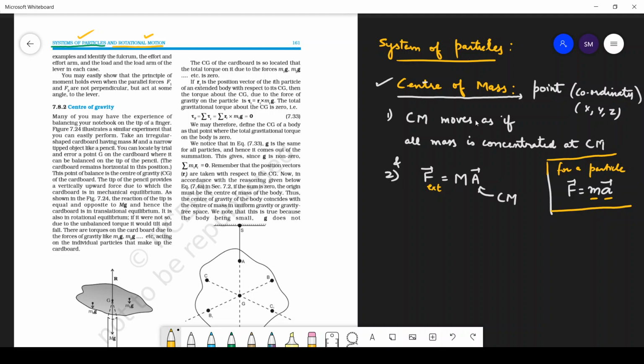That if we are applying a force on the system of particles, we are not studying the motion of all the particles. We can only study the motion of one point, which is your center of mass. And we assume that the external force is acting on that point and whole mass.